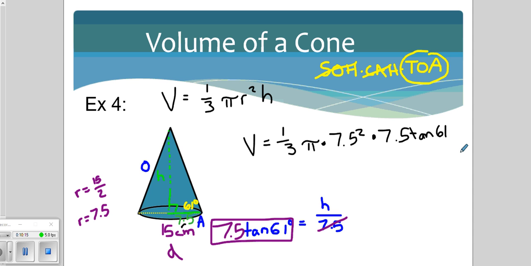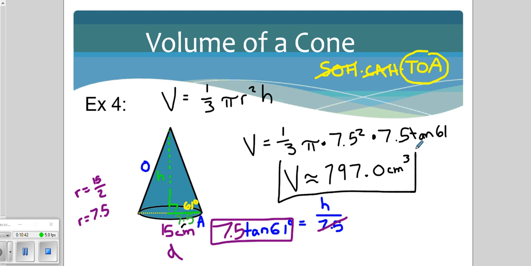We've got 1/3 times pi times 7.5 squared times 7.5 tangent 61. And if we key that in correctly, we should be getting 797.0, and that would be centimeters cubed.